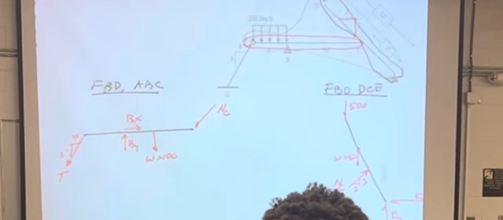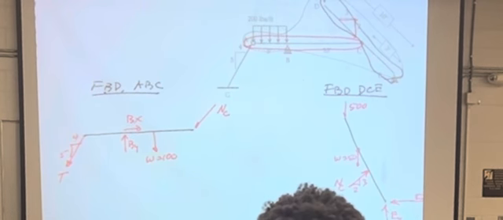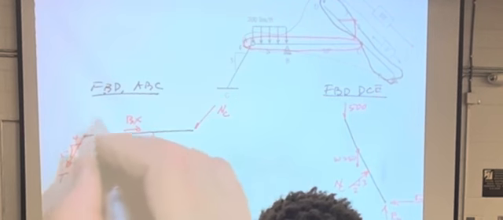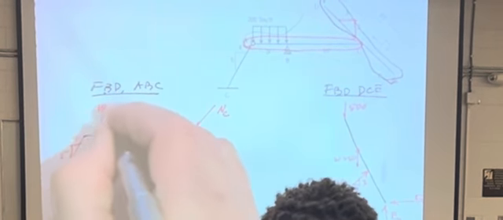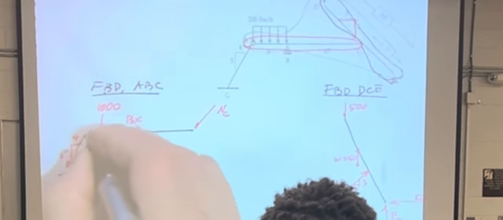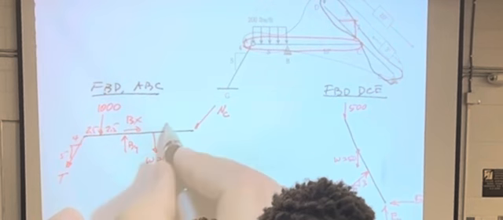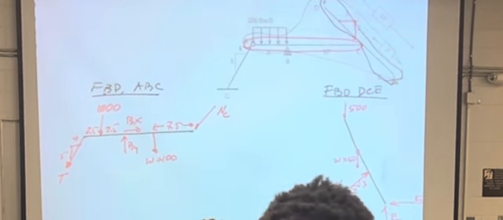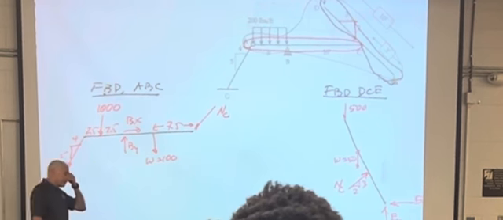That's the normal force from the slanted member acting upon the horizontal member. I have 1,000 pounds acting 2.5 feet from here to there. That's 7.5 feet there.